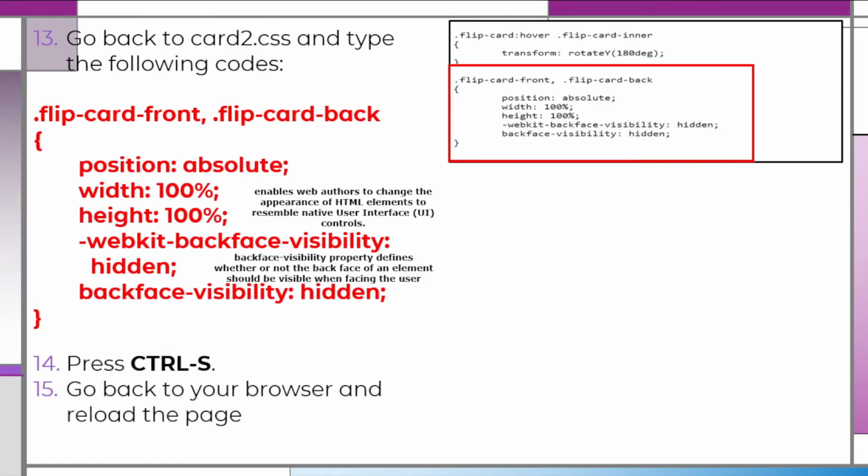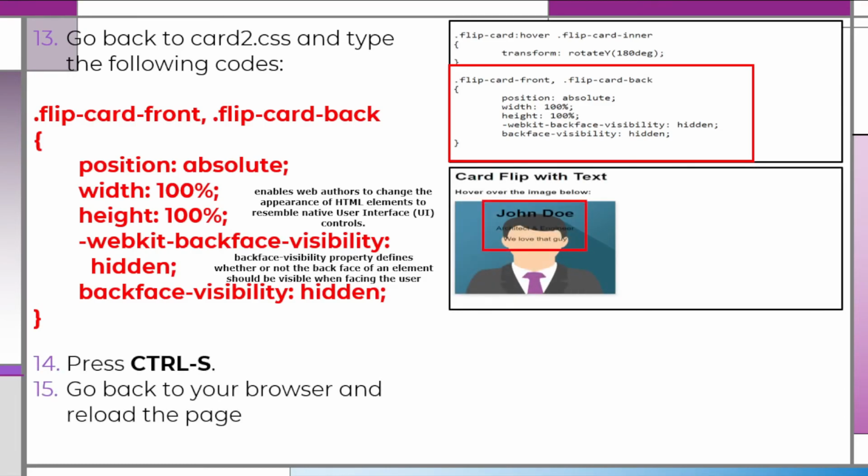Save your work, go back to your browser, reload the page. So what happened now is that when we positioned it absolute, we moved it at the top in the same direction as your card, okay? And then we set the width of the text to 100%, same with the height. And then we hid the back portion of that flip card.